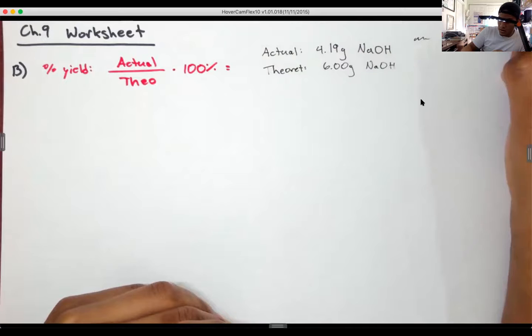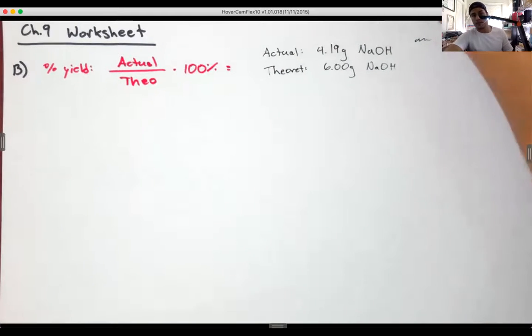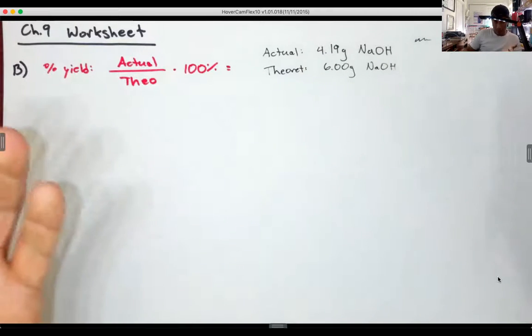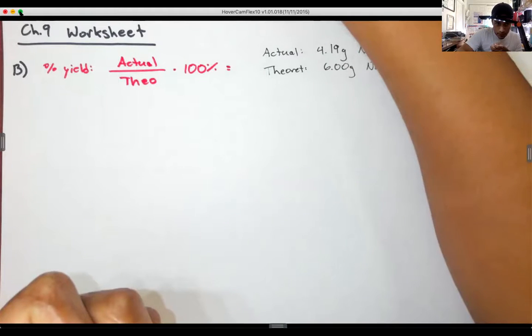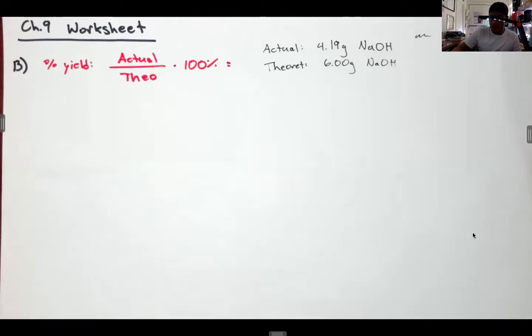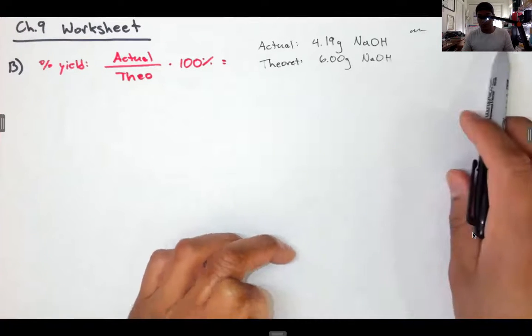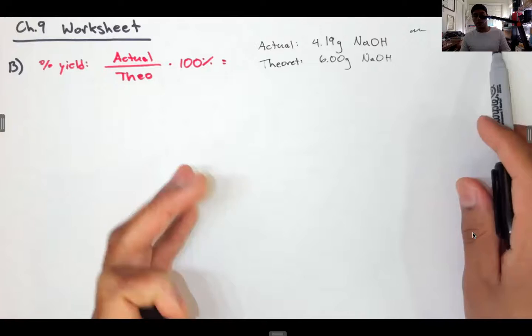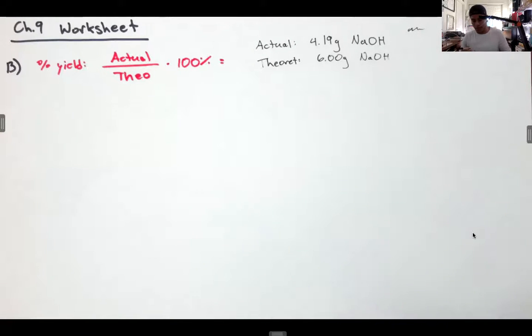We had something right here, and we know that one of the products is NaOH, okay? So we go ahead and we work this out, and we realize that the theoretical yield, we're supposed to get 6 grams of NaOH at the end of the reaction, right? But we only got 4.19, so we're just going to plug it in.